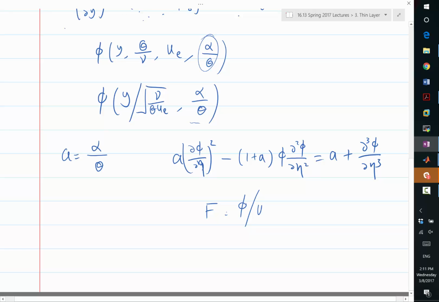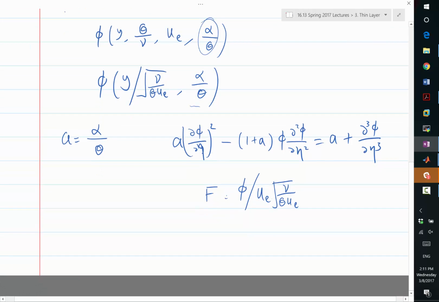So in this case, I think you need UE times the length scale. The length scale is what is non-dimensionalizing y. So f to be this, fp to be df d eta, and fpp to be the second order derivative of f with respect to eta.